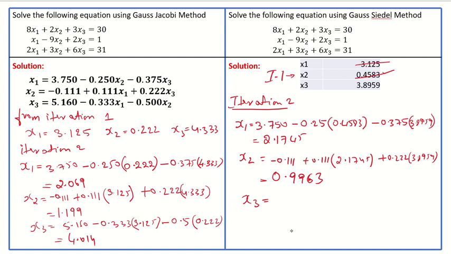So x3 equals 5.160 minus 0.33 x1. X1 is how much? 2.1745. And minus 0.5 x2, you have to use the new value, that is 0.9963.